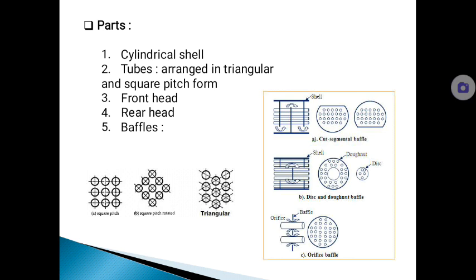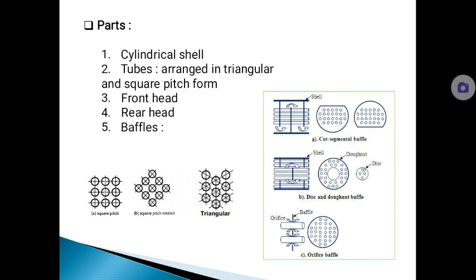From the economical point of view, the triangular type of arrangement of tubes is good because here the number of tubes will be more and the heat transfer rate will be faster. So from the economic point of view, the tubes should be arranged in the triangular form.